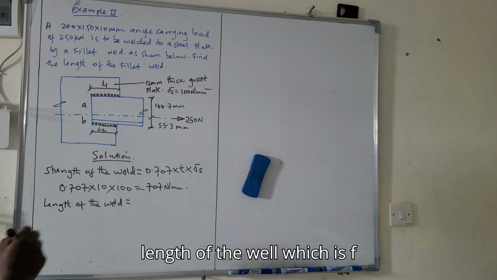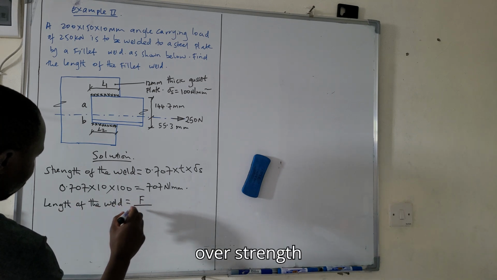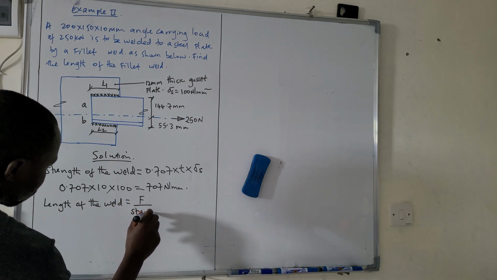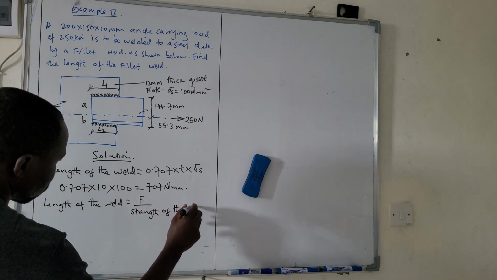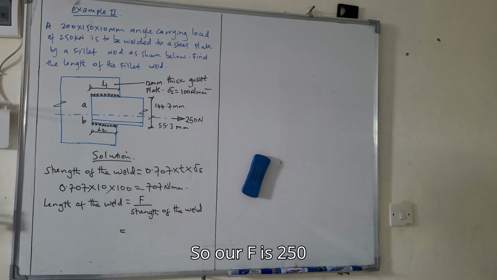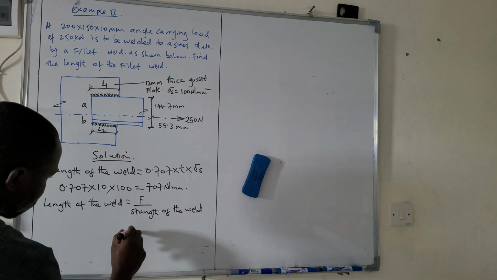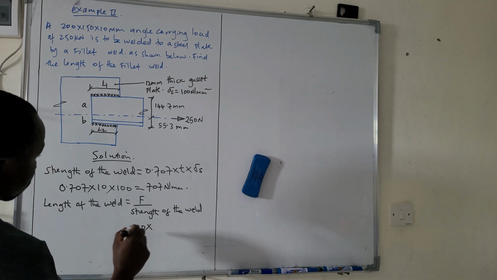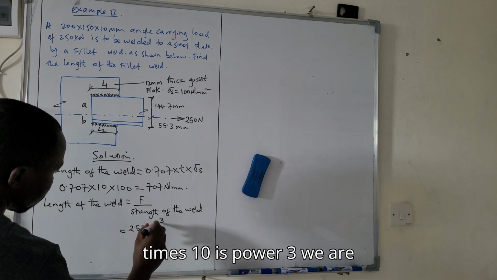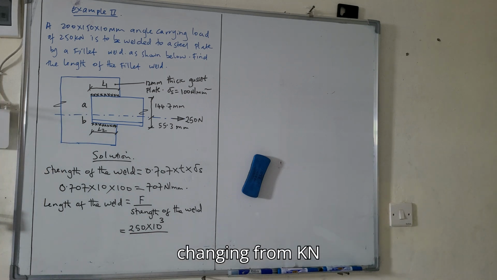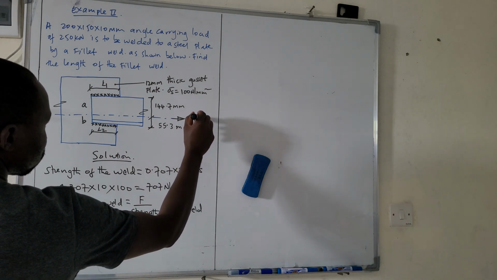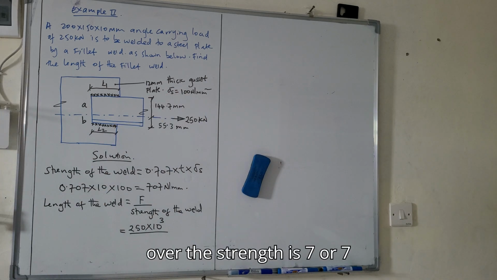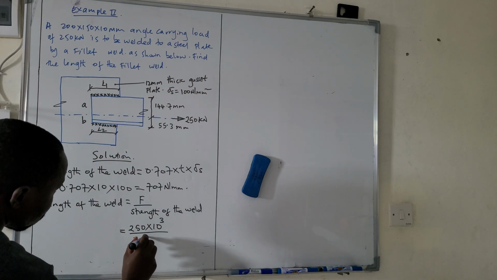So after calculating the strength of the weld, what follows next is the length. Length of the weld is F over strength. So our F is 250 acting on one plate times 10 to the power 3. We are changing from kilonewton to Newton, over the strength, which is 707.